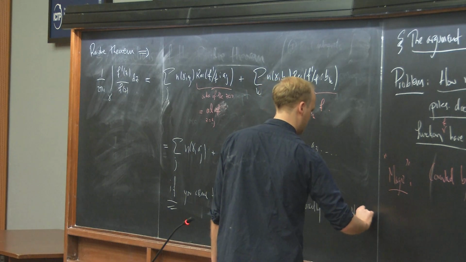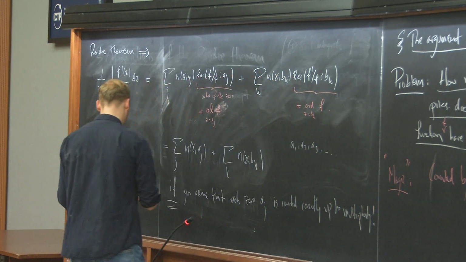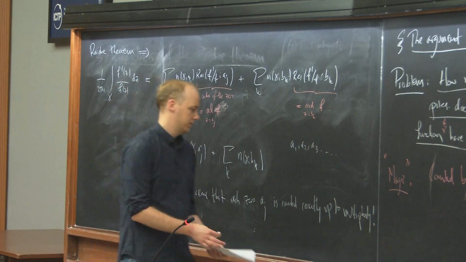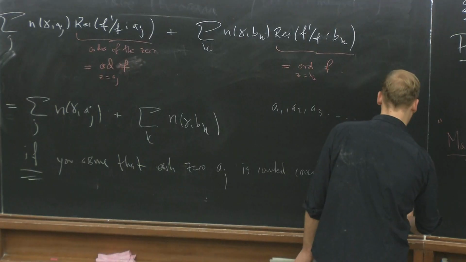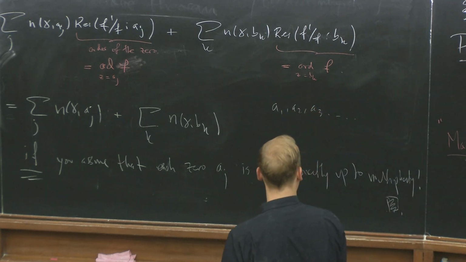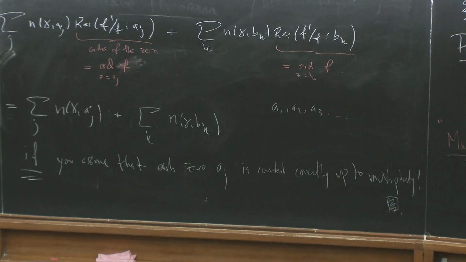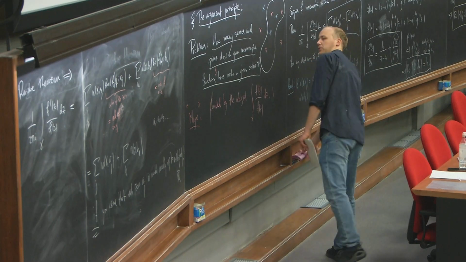We can interpret it in this way, and then we would be done. I hope this discussion with multiplicity didn't confuse you too much. Are there any questions about this proof?